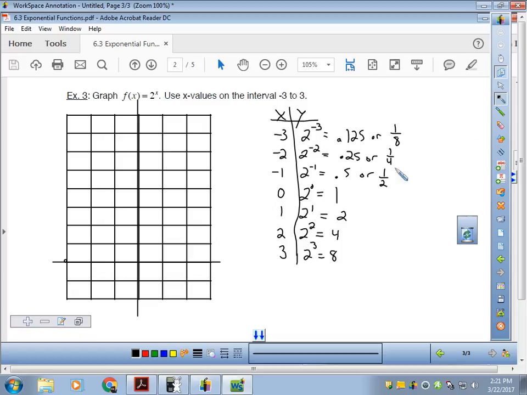And then I'm just going to plot these points. So I've got -3 and then 1/8, -2 and 1/4, -1 and 1/2, 0, 1, 1, 2, 2, 4, and 3, 8.